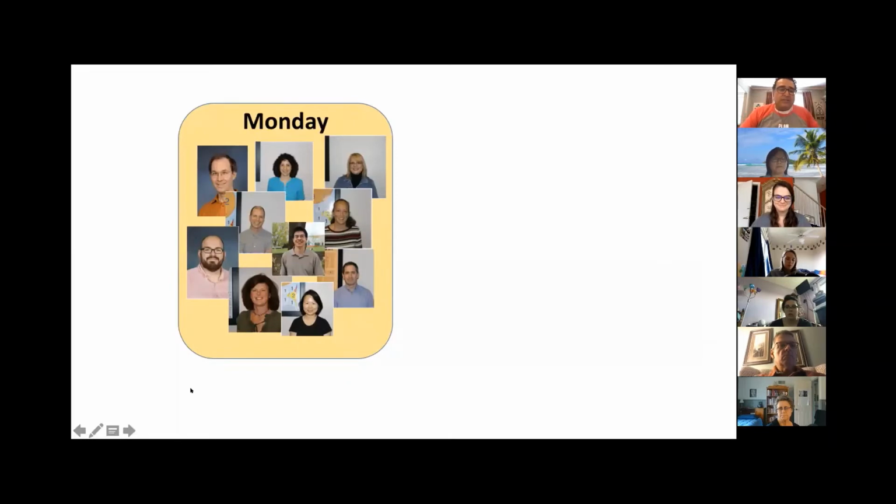So to describe how this process works, I'm going to consider a very generic scenario. I chose 10 randomly selected individuals, and I'm going to suppose that this is a Monday, for example.